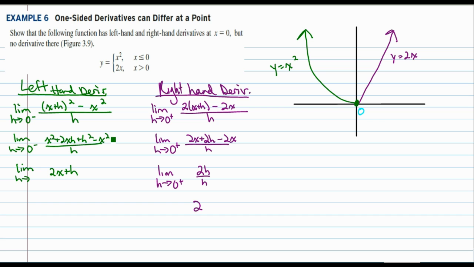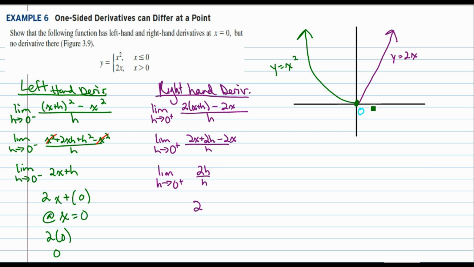Now my x squareds cancel out, and then I simplify by dividing everything by an h, and I'm still approaching 0 from the left. So now if I plug in 0 for h, because I'm looking at the limit as h approaches 0, I'm also looking for the point where x equals 0. So I get the slope coming in from the left equals 0, and we knew that because this is a minimum.